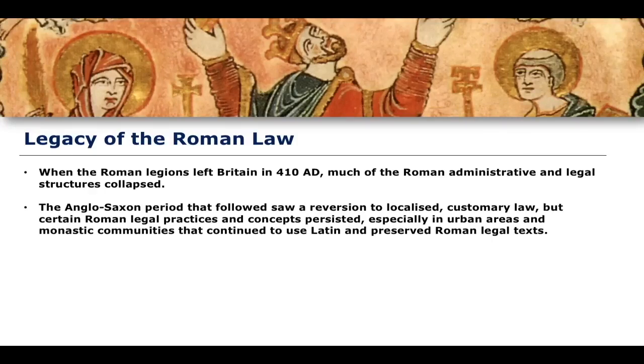Those still remained very much using oral customary practices to operate their legal systems. So the Anglo-Saxons basically reverted back to a system that existed prior to the Romans, but they still nevertheless allowed for and continued the practice of certain legal principles that did derive from the Romans. In urban areas, specifically within towns and communities, there was, for example, the continued use of Latin, and the preservation of Roman legal texts.